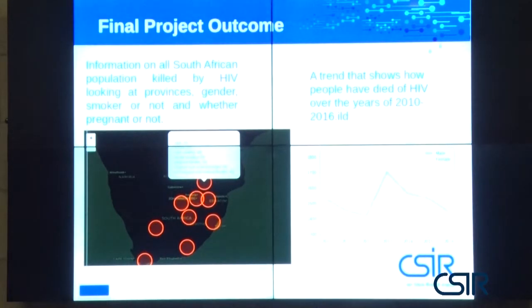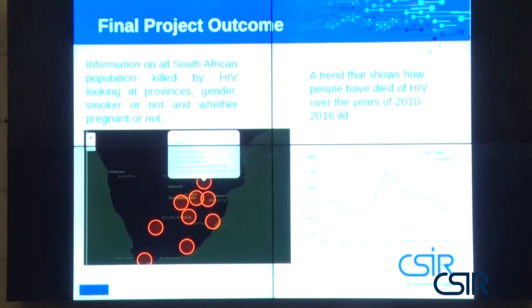The next one shows that 5% were pregnant females, and the other one shows that no pregnant and smoking females were killed by that disease at that time. For non-pregnant and smoking females, only 4% of them were killed by that disease.